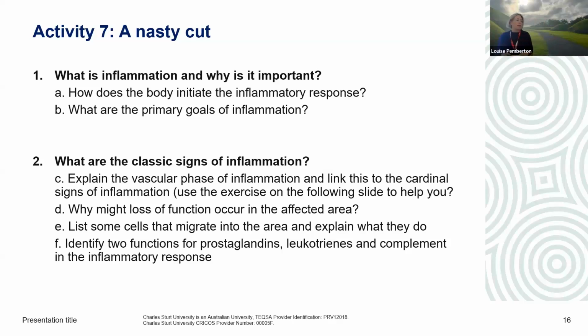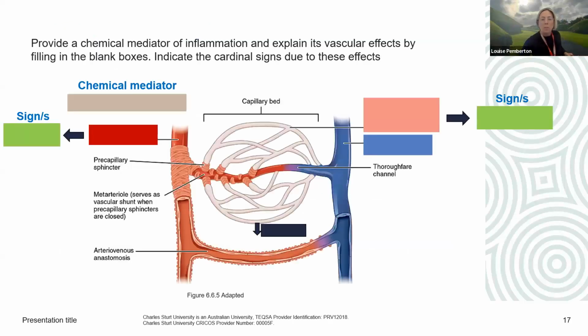Okay, can you explain the vascular phase of inflammation and link this to the cardinal signs of inflammation? And I'm going to give you the exercise on the next slide to help you. Okay, so this has come from your notes. I've just shaded out some of the words from your notes. So have a look at it, decide what chemical mediator you're going to pop into that phase box. Then think about what's happening here and what signs that leads to.